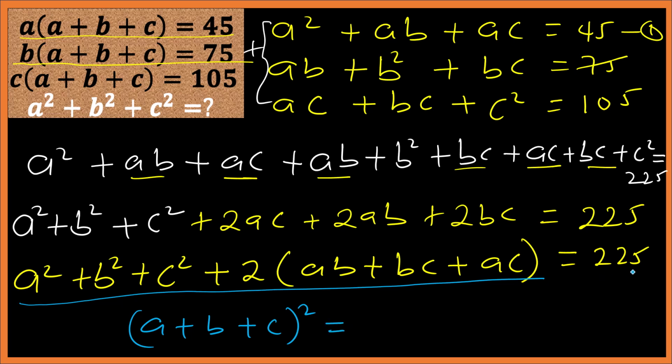Since 15 squared is 225, it means a plus b plus c is equal to 15. So let's note this one down.